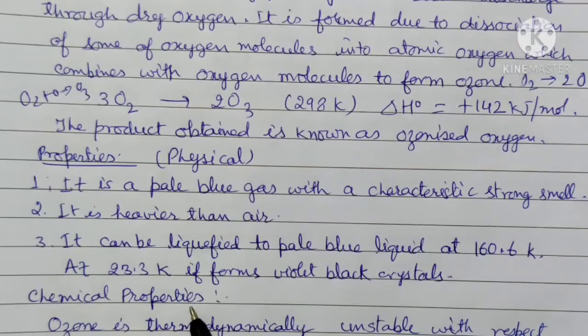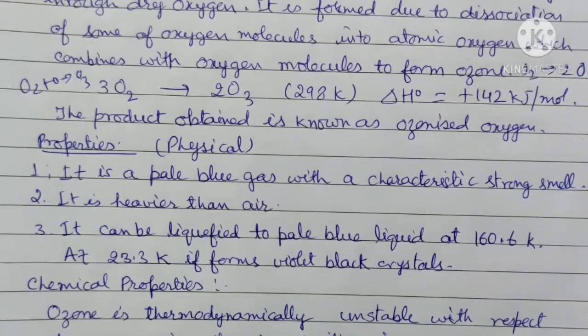Now we'll study the chemical properties. Ozone is thermodynamically unstable with respect to oxygen, since its decomposition into oxygen results in the liberation of heat, that is delta H is negative, and an increase in entropy, delta S is positive.